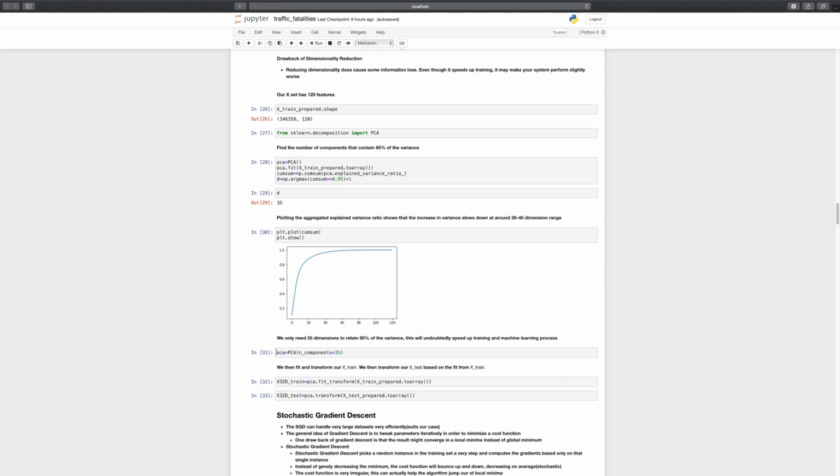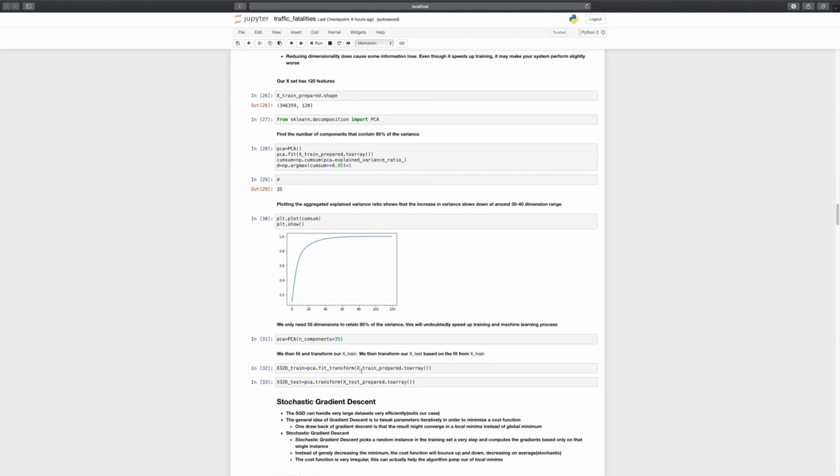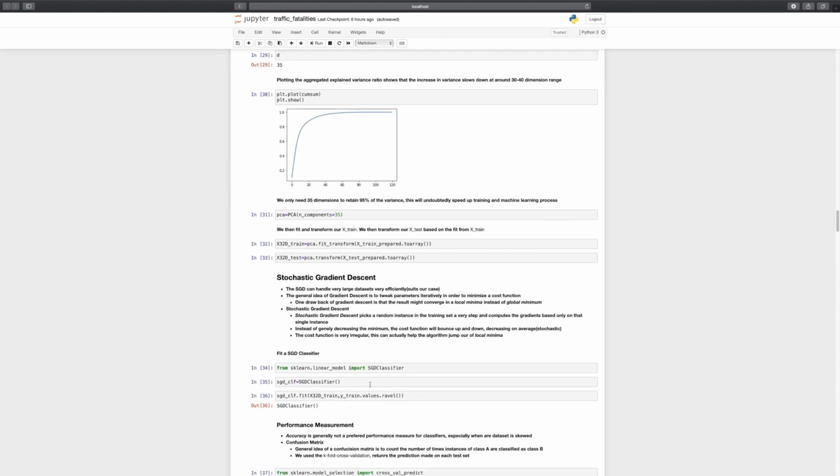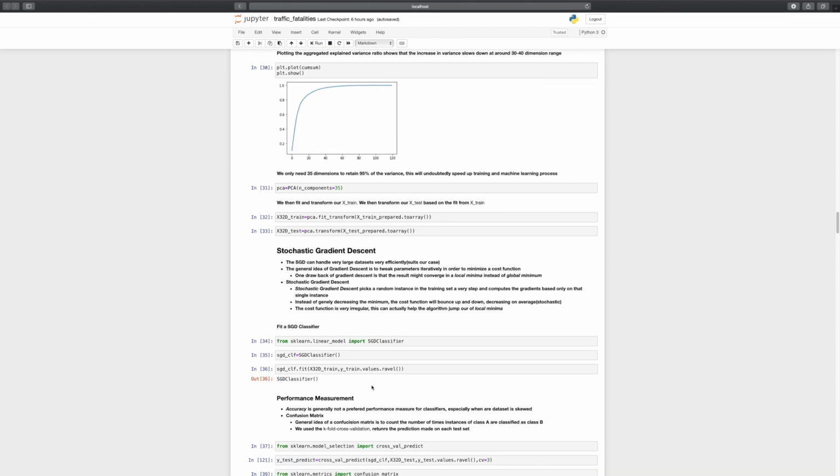And eventually, I specified 35 principal components, and we then transformed our X train and also transformed our X test. Then we can start to implement several machine learning models.